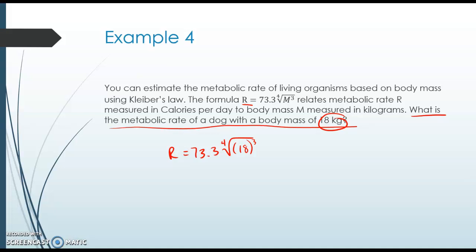There is no fourth power that we can take out of 18. So I am going to take 18 and cube it, which is 5,832. I'm going to write this as I go. We're still going to take that times 73.3.